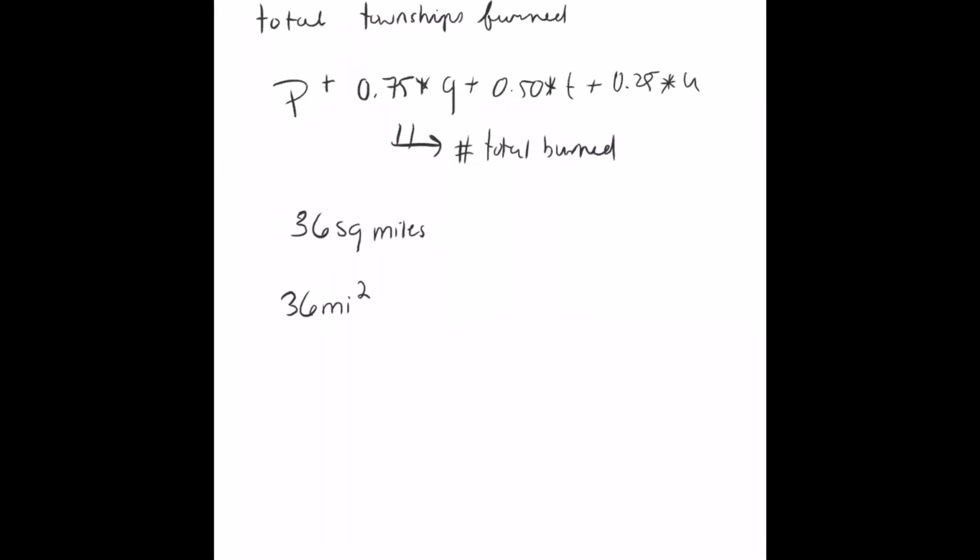Then we're going to multiply that by the total townships that we calculated, which is represented by B. That gives us our total area burned in square miles. And then we have to convert it from square miles to hectares, right? That's the metric system versus our weird system that we use here. And the conversion is given to you: 1 square mile equals 259 hectares.